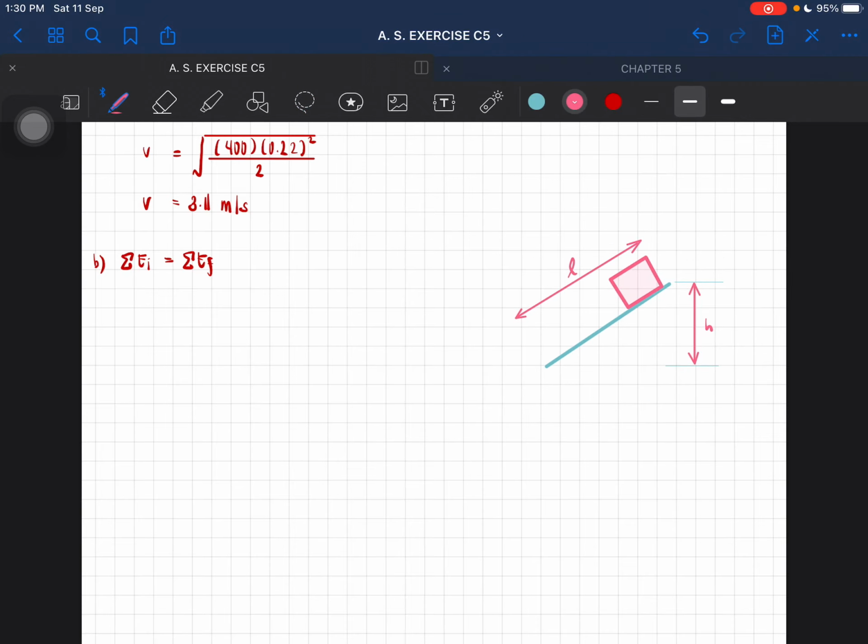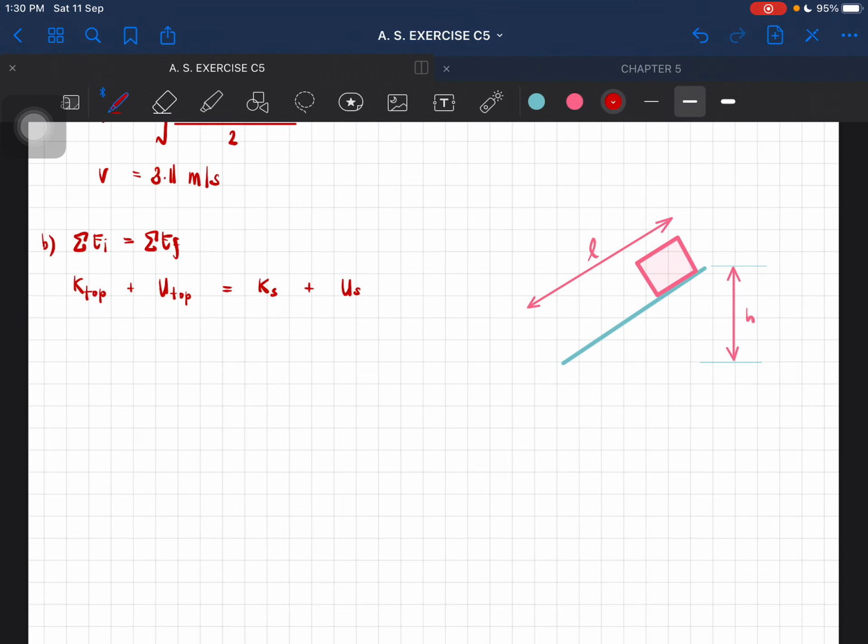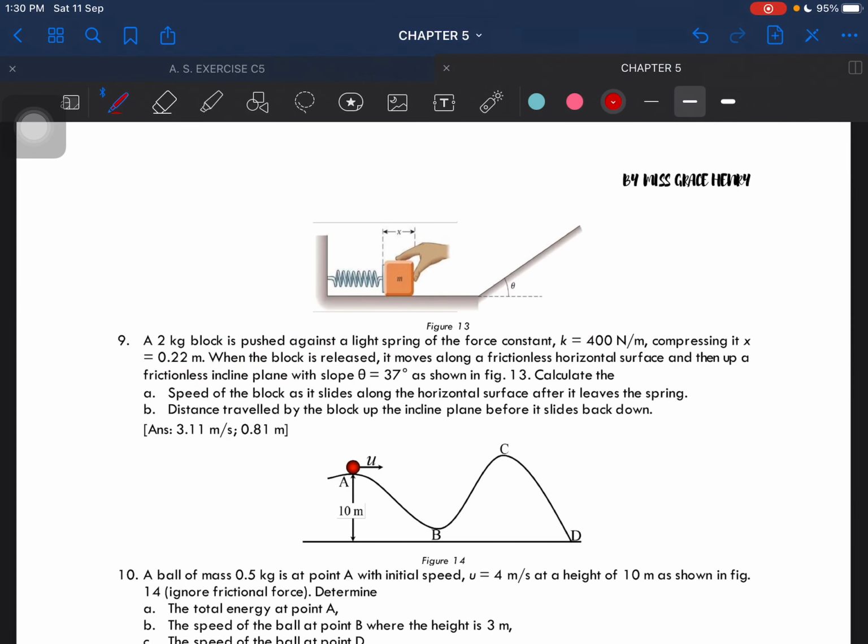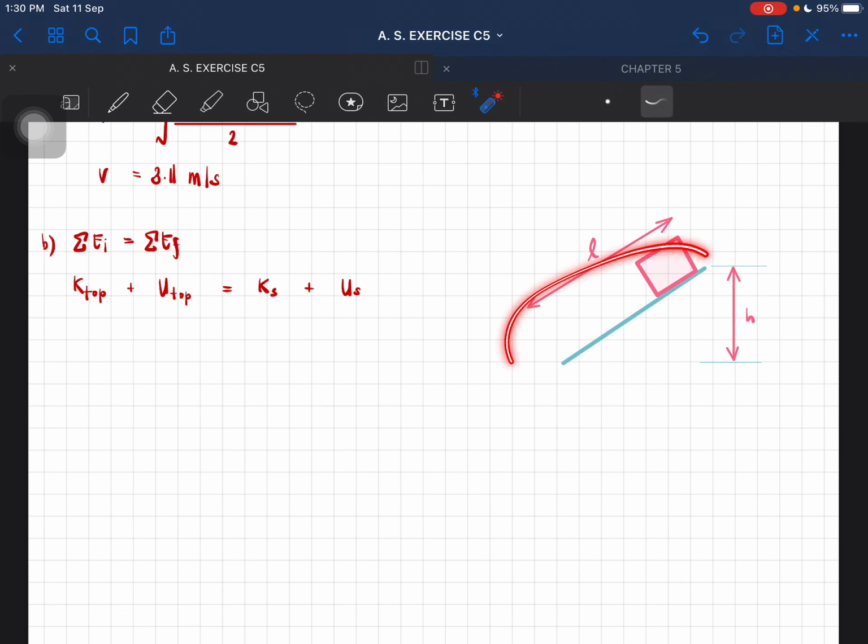For this one, we look at the top. The kinetic energy at the top plus the potential energy at the top equals the kinetic energy of the spring plus the potential energy of the spring. For the kinetic energy of the spring, when the block reaches up the inclined plane, it is 0.